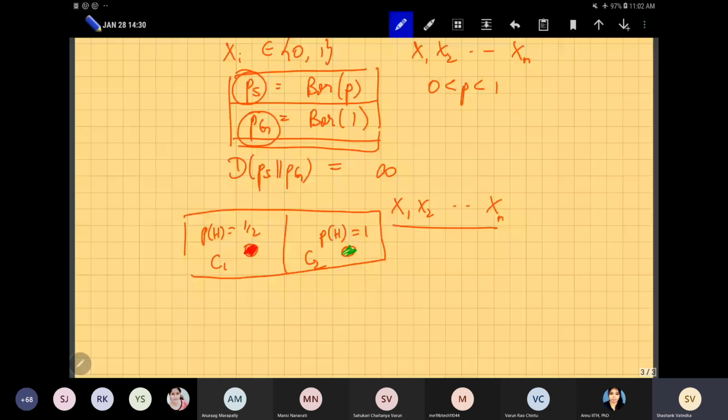If you choose coin 1 and observe a tail, then you can much more easily say that it was in fact coin 1. But if coin 2 was actually chosen, it is slightly harder to say whether it was coin 2 or coin 1, because there's still a small probability that coin 1 was actually chosen.